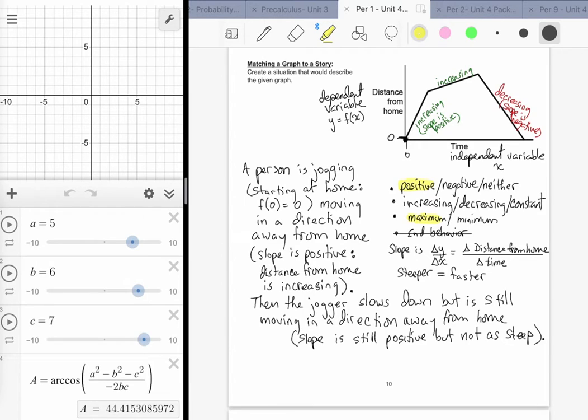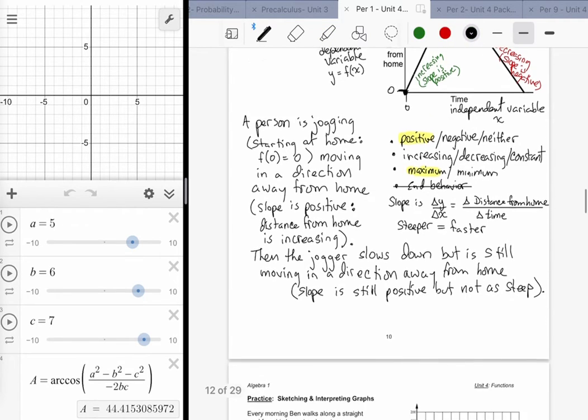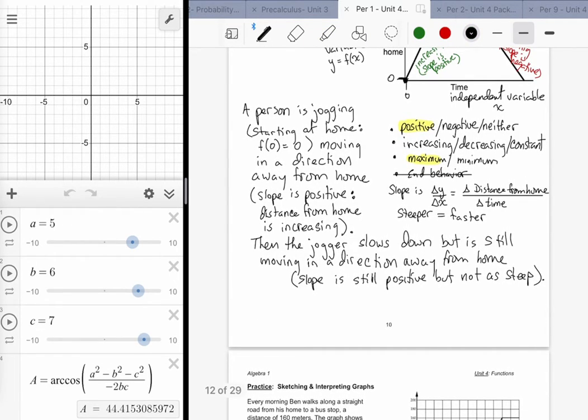So the jogger speeds up, but now moves in a direction towards home. The jogger speeds up while jogging toward home.